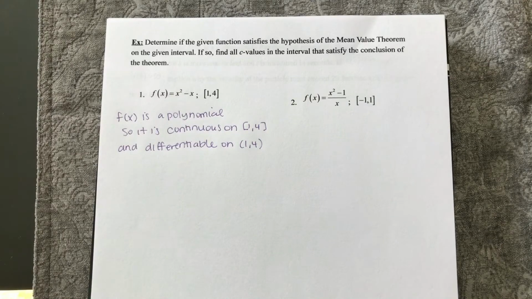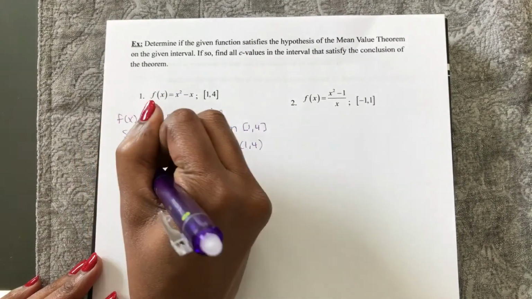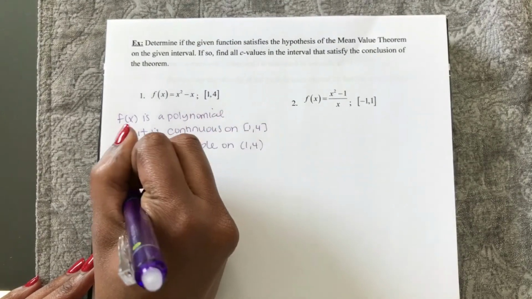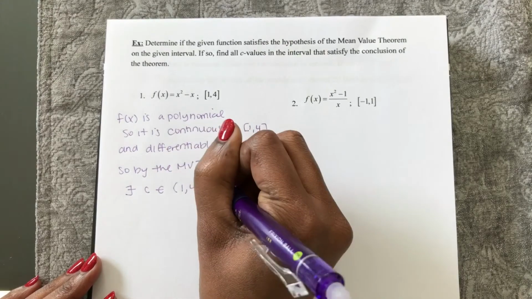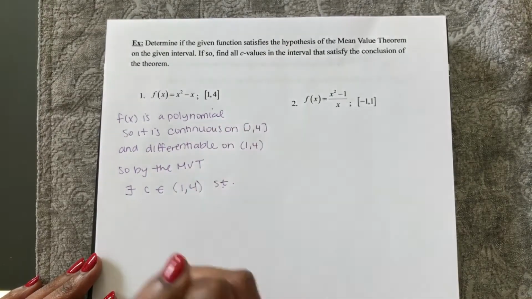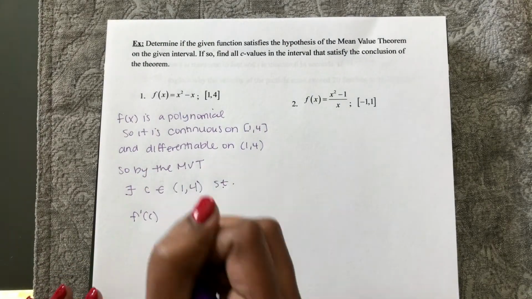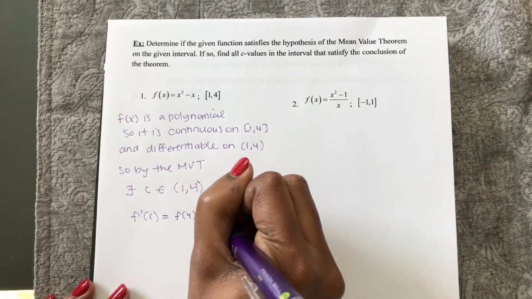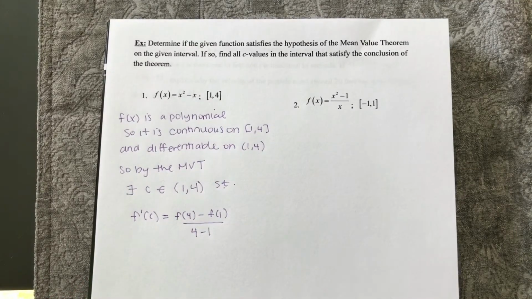The mean value theorem. We've just checked the two hypotheses, so by the mean value theorem, there exists a c value within this open interval (1, 4), such that f prime of c, the slope of the tangent line at c, is equal to the slope of the secant line that we can draw in between those two endpoints.